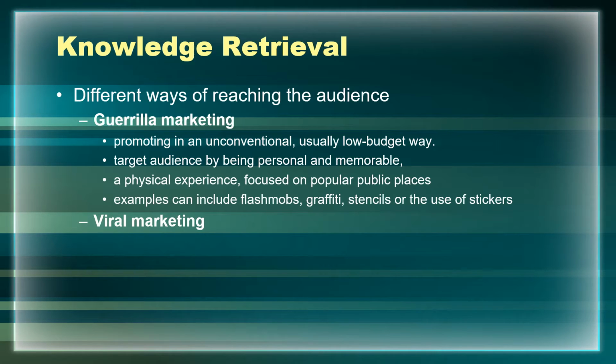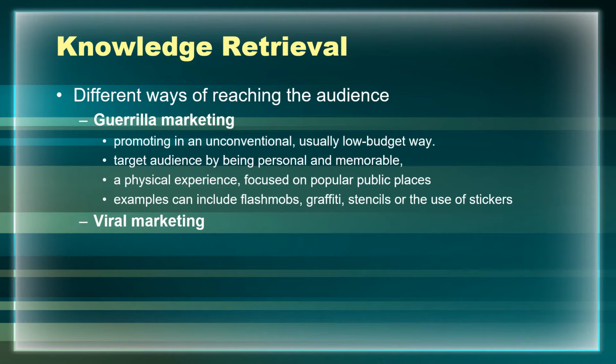Often in popular public places, projections, flash mobs, graffiti, stencils, stickers, something which it is hoped will capture the imagination of the public and they will share it. So, for example, the I, Daniel Blake projections, hopefully you watched the video last time, the IKEA bird, and the 3M money in the bus stop.